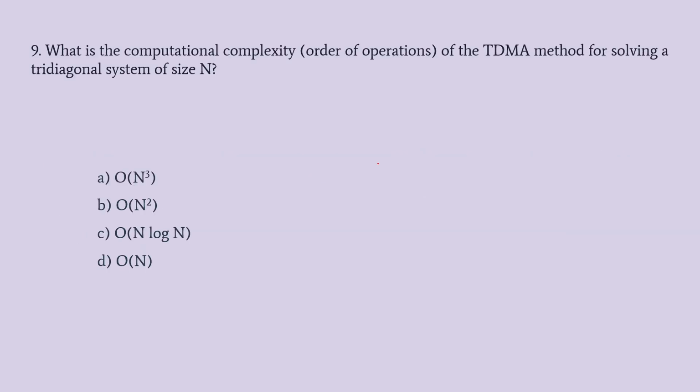Next question. What is the computational complexity, or the order of operations, of the TDMA method for solving a tridiagonal system of size n? So when we have an n-sized system, an n-sized matrix, then what will be the order of operations?